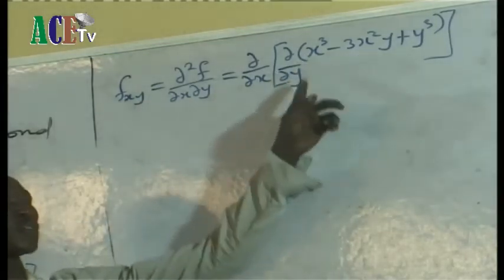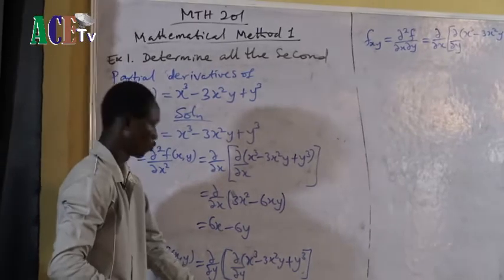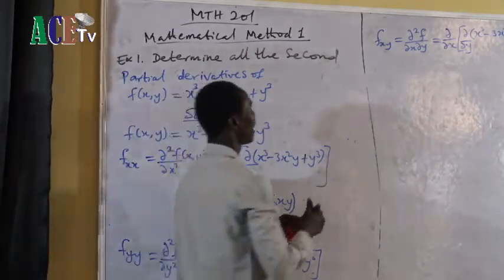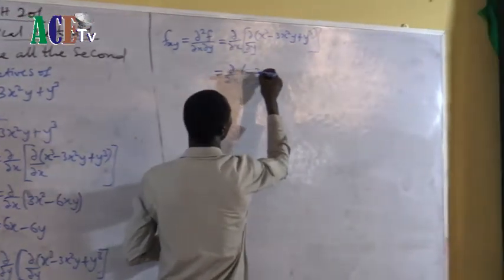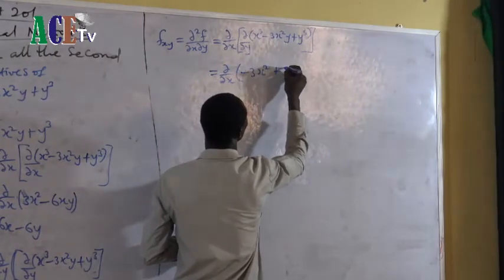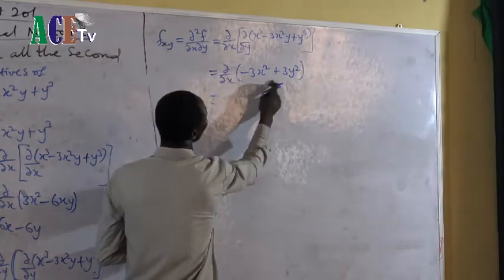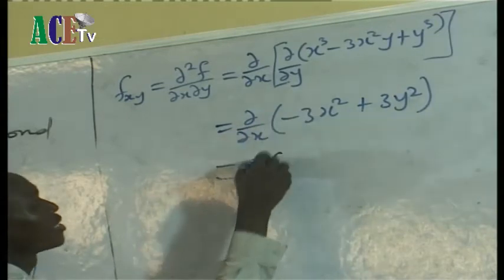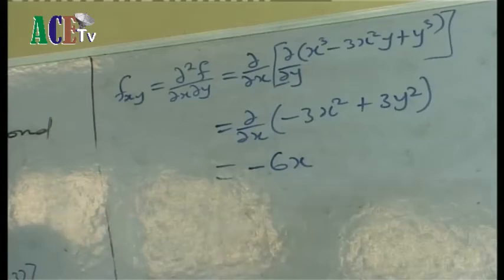I know the derivative of this function with respect to y, which is this. So I will just copy that one inside. And I will have the x over minus 3x squared plus 3y squared. Then we differentiate this one with respect to x. It will give me minus 6x. This term will be 0.